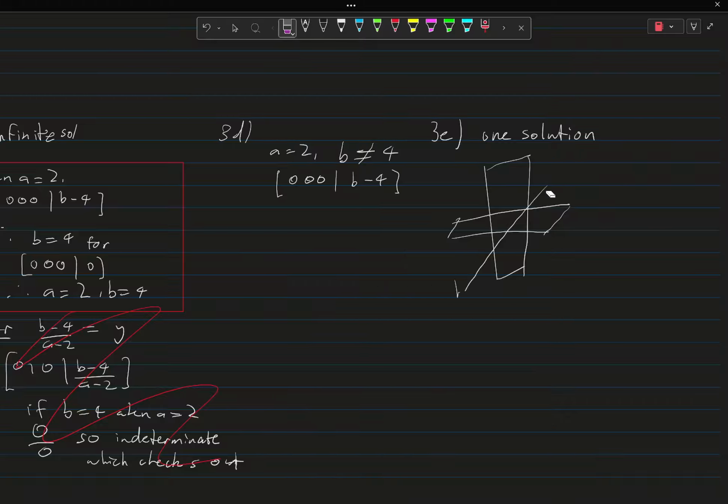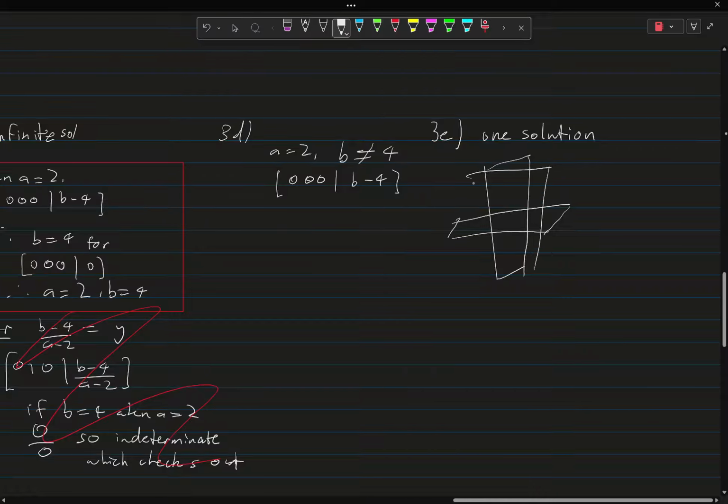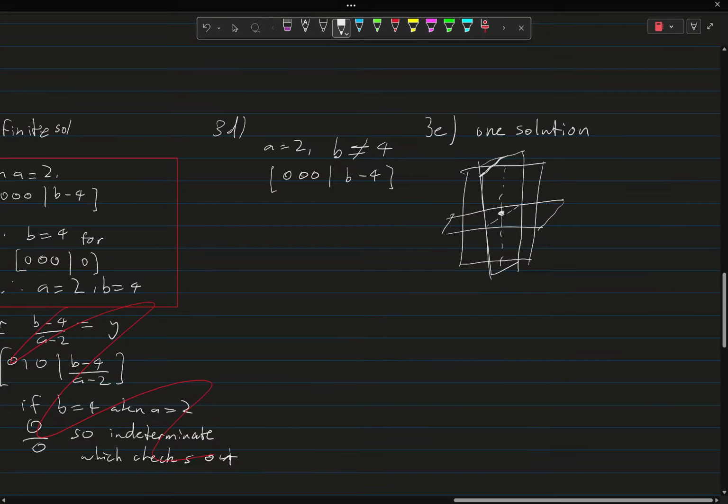Sorry, it's a bad drawing. So maybe there's one like that. So we can see that they're all just meeting at that one place.